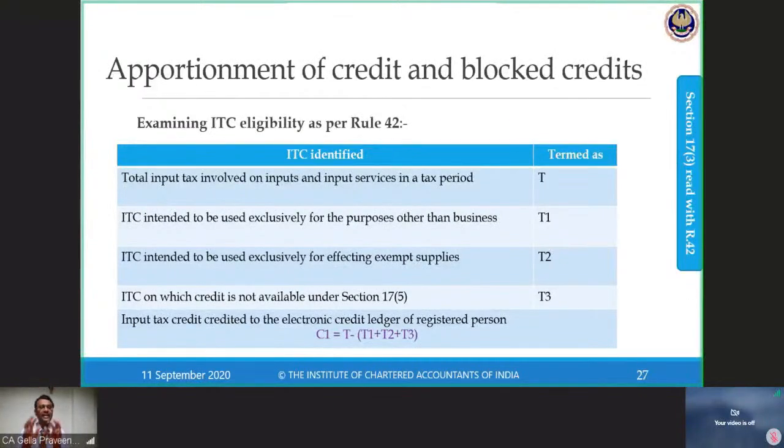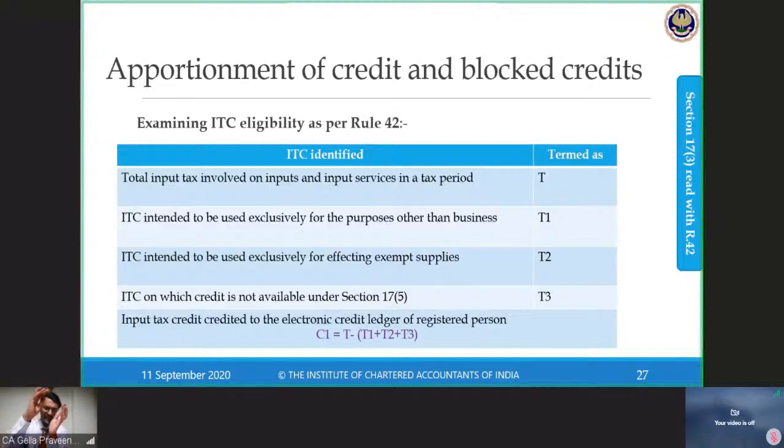Then ITC on which credit is restricted under 17(5) I call T3. Example, motor vehicles with seating capacity of less than 13, or food catering service. All that is T3. So look into your portal: whatever purchases you have done, the total GST I call T. From that, identify T1 other than business, T2 exempt supply, and T3 blocked credit.